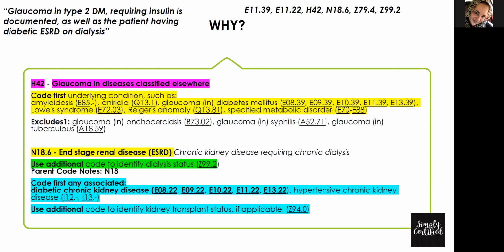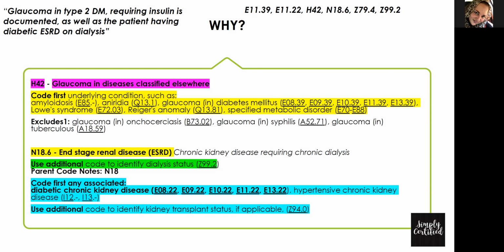Next, we're going to code that N18.6. The instructions on the previous page pretty much told us to and gave us the code range to look in. N18.6 is for ESRD, that is end-stage renal disease. Now, usually these patients are on dialysis. Sometimes they are not, but usually they are. So look for that in the documentation, because the instructions also tell us to use an additional code to identify dialysis status.